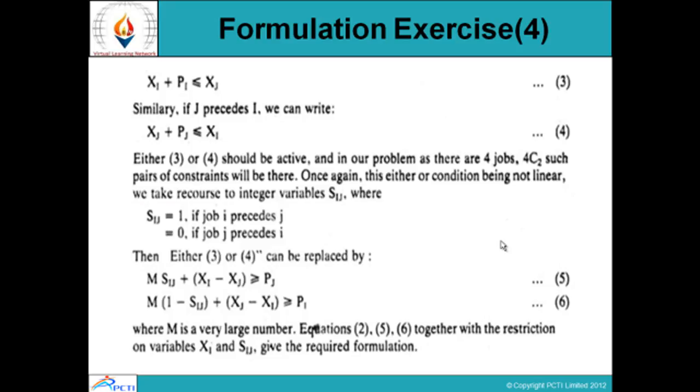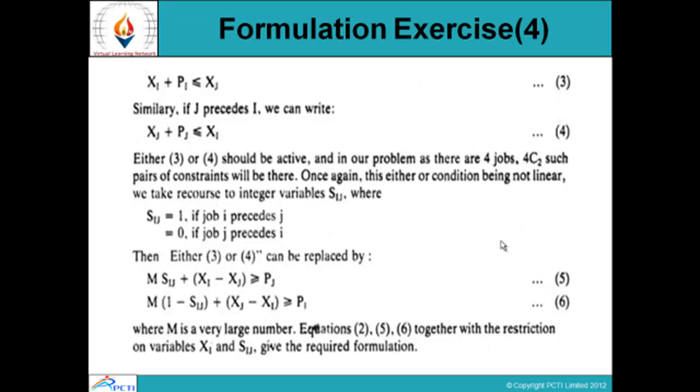Once again, these either-or conditions being not linear, we take recourse to integer variables sij, where sij equals 1 if job i precedes j, and sij equals 0 if job j precedes i.